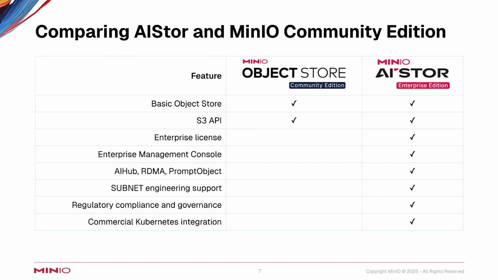We've got an enterprise management console. We've got AI Hub, RDMA, prompt object, all kinds of different tools for your AI workloads. We are also fully compliant, and we work with your regulatory teams to make sure that we are part of that compliance. We also have all of that commercial Kubernetes integration. So lots of additional features when you're running MinIO AIStor.